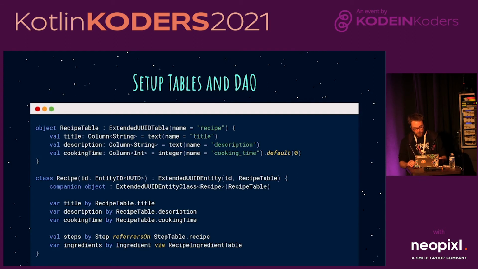And let's say with this object, I want also to have access to the steps and the ingredients of a recipe. So I'm going to have a reference to the step table that has been created before, and like that I will be able to get the steps, and same for the ingredients.